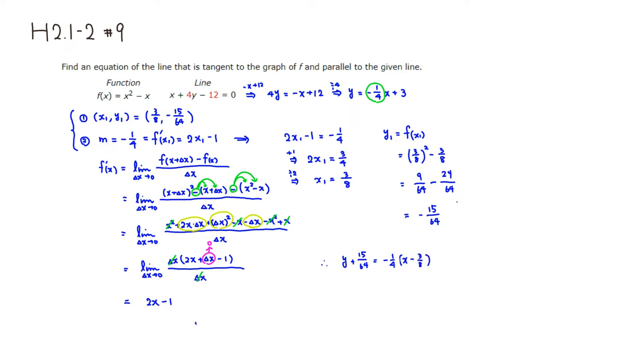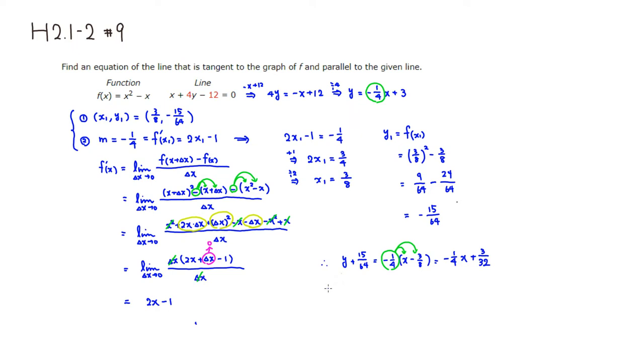Then I'm going to distribute this negative quarter to each term. We get negative 1/4 x, and negative times negative is positive 3 over 32.